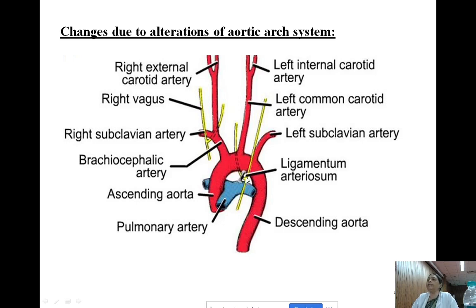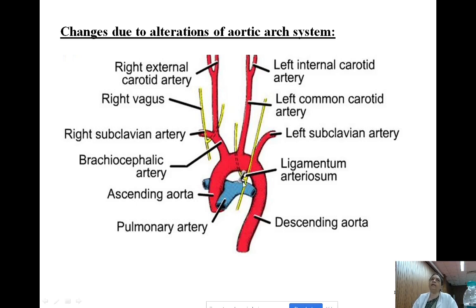But on the left side, it will hook the sixth arch, which will form the ductus arteriosus. And later, by about 3 months, this ductus arteriosus is obliterated and is known as the ligamentum arteriosum. So it will hook round the ligamentum arteriosum.